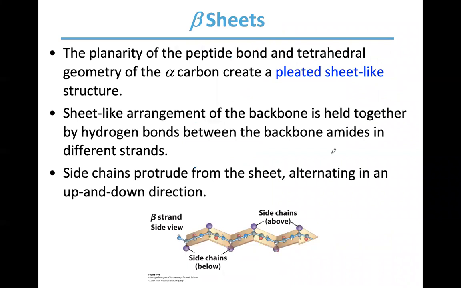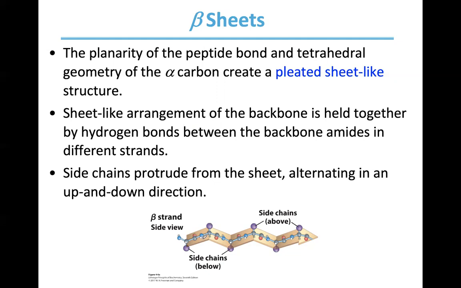All right, beta sheets. So the planarity of the peptide bond can create structures known as beta pleated sheet-like structures. All right, so side chains protrude from the sheet, alternating in an up and down direction. All right, so here's the one strand, one protein segment, right?